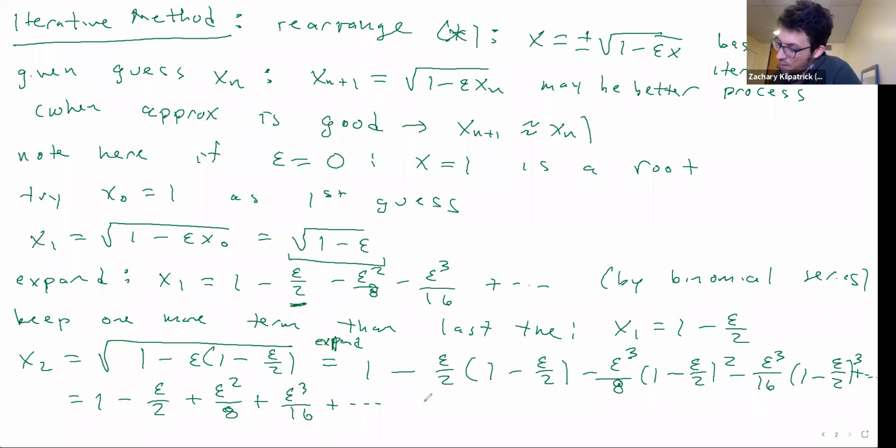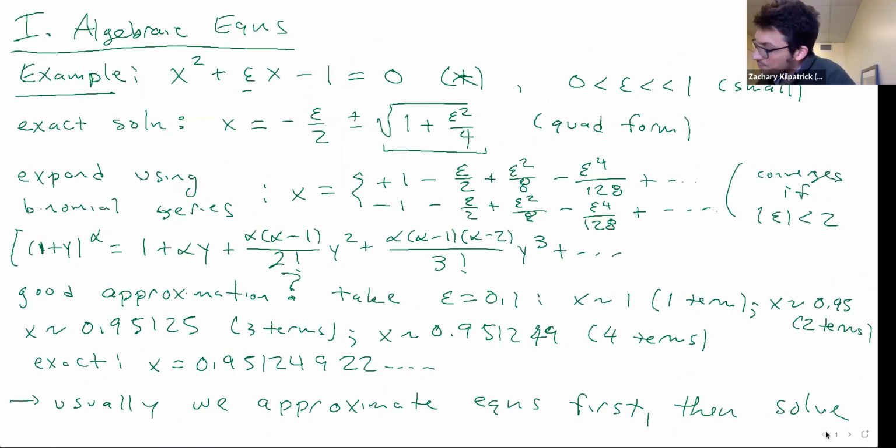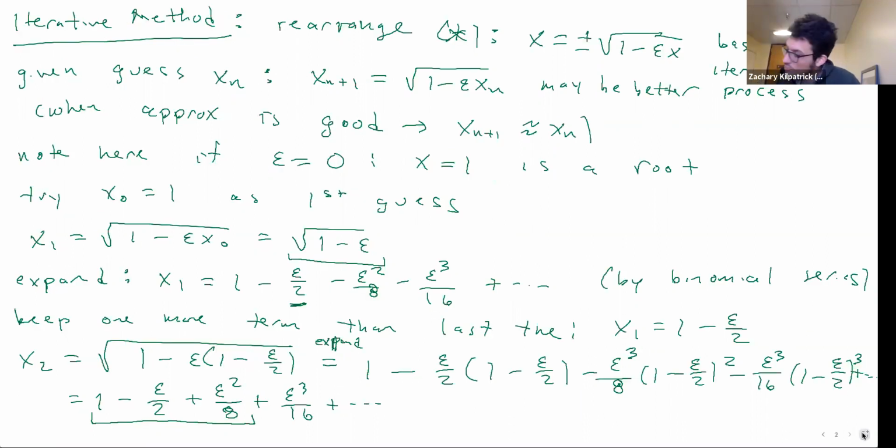Now we could say our next term that we'll add in is the epsilon cubed term. If I look back right here, that is exactly the first three terms that I get from just expanding my quadratic formula. So it seems to be working okay. And then we could keep three terms and iterate.